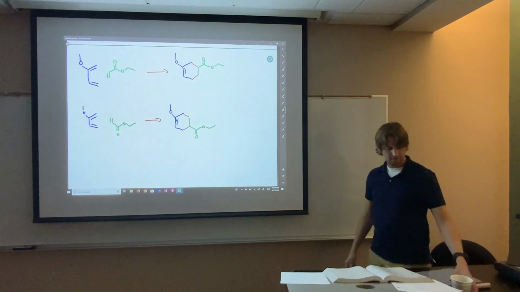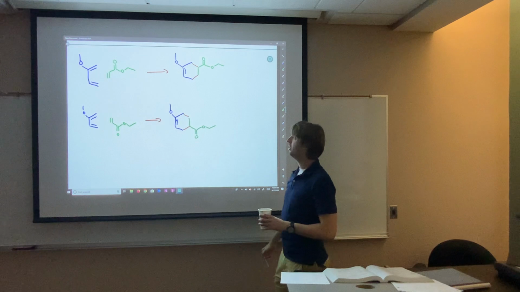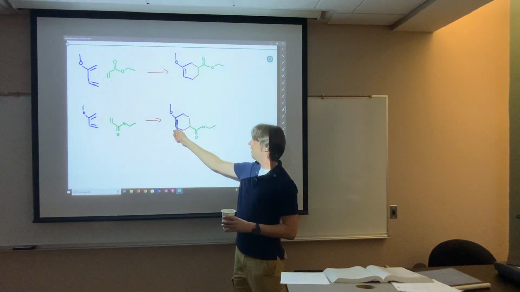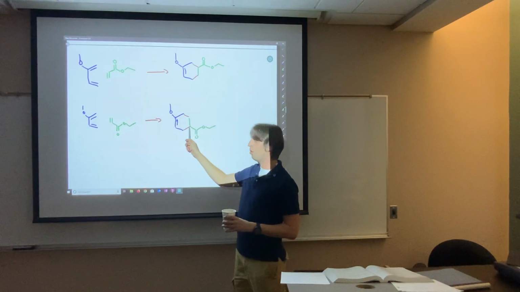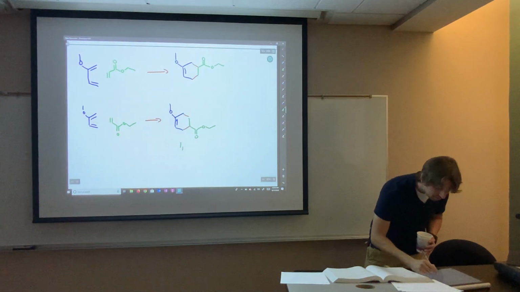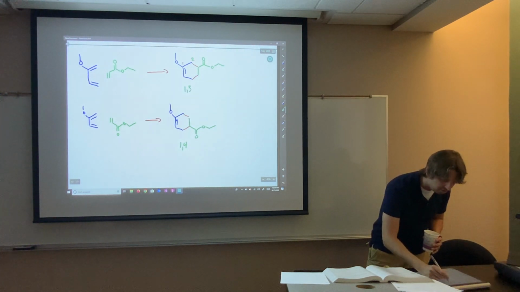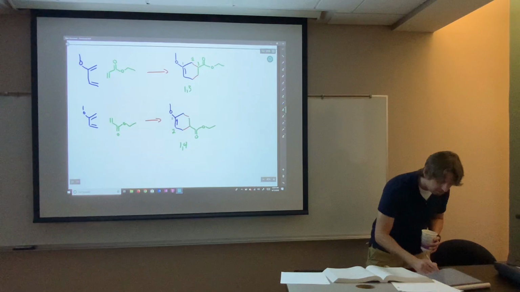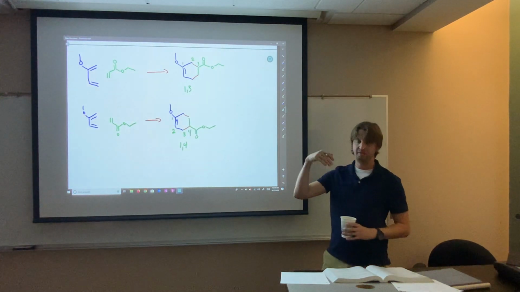Do you see how these are two different products? That's the first thing. If I start numbering at this carbon here, 1, 2, 3, 4, we call this our 1,4 product. And then this here would be 1,3: 1, 2, 3 to get to there, 1, 2, 3, 4 to get to there. These aren't numbers in terms of how we name it.